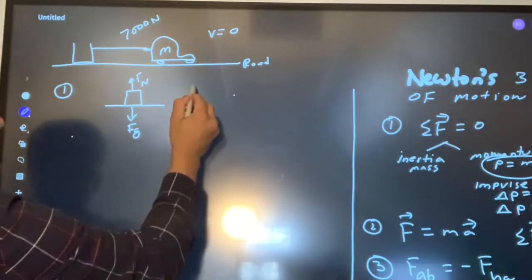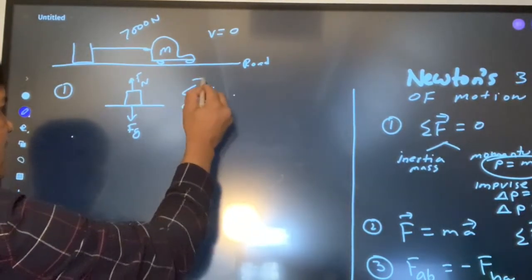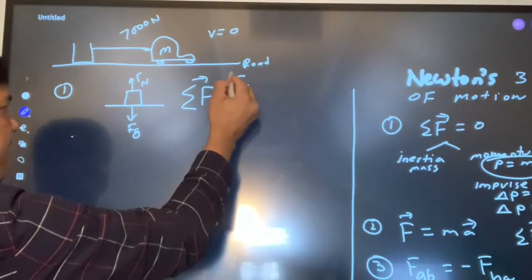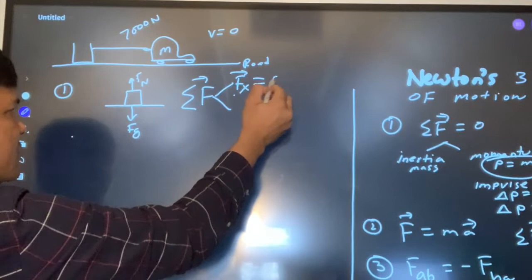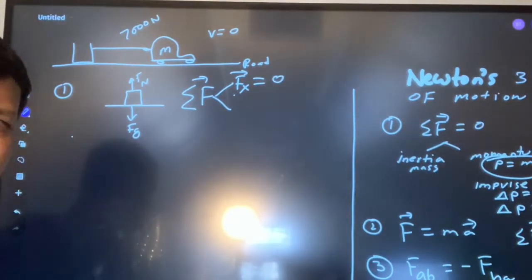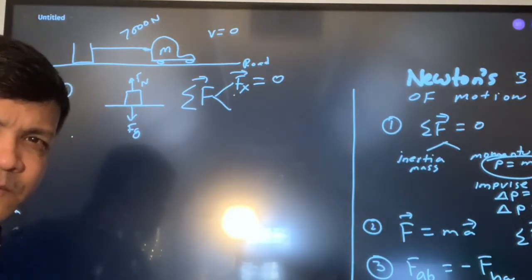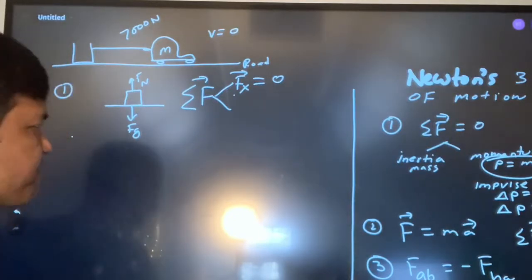So we write Newton's first law at the x direction. There are no forces acting on it. Friction is 0 because applied force is 0. Okay, car is not moving, so friction is 0. Friction is always 0 when something is not moving.